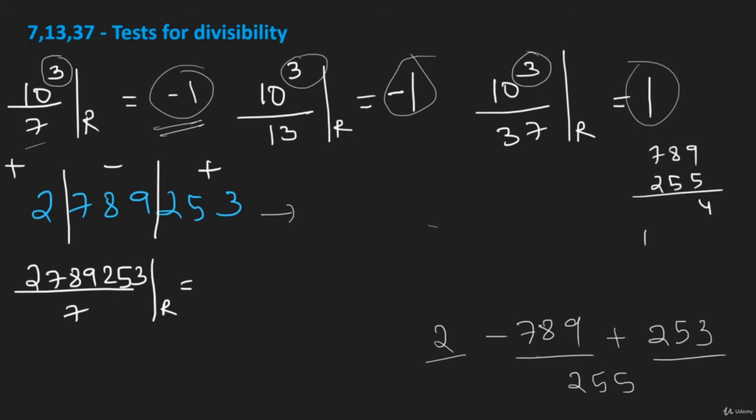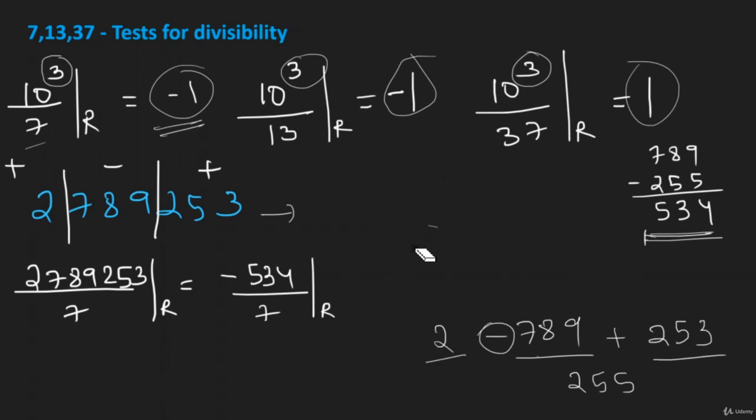So 789 minus 255 will give you 534, and this one has the negative sign, so this will be a negative 534. So when you apply the signs and add the numbers together, you get -534 by 7 remainder. So this number 2789253 divided by 7 and -534 divided by 7 will have the same remainder.